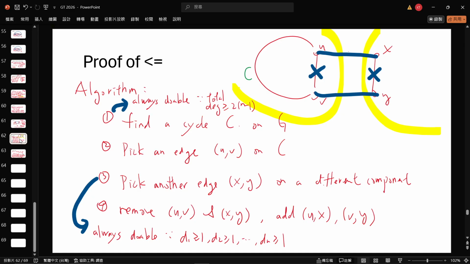Our goal is to show that we have a disconnected graph, not a connected one, and we want to show that if the total degree for the whole disconnected graph is at least 2 times n minus 1, then there must be a cycle.